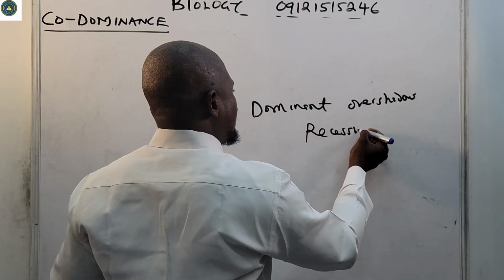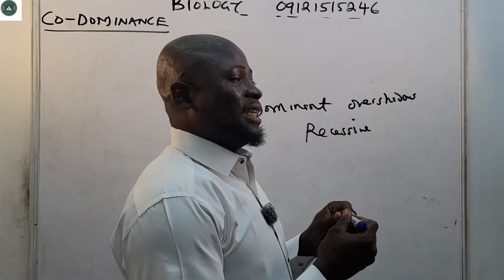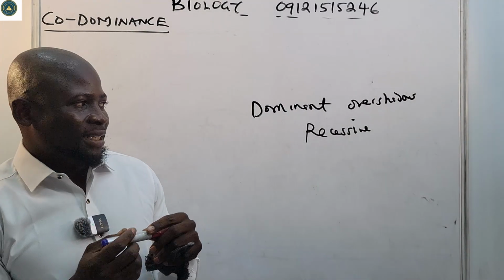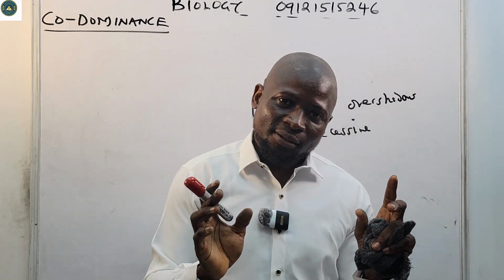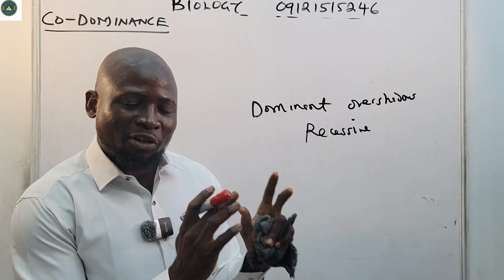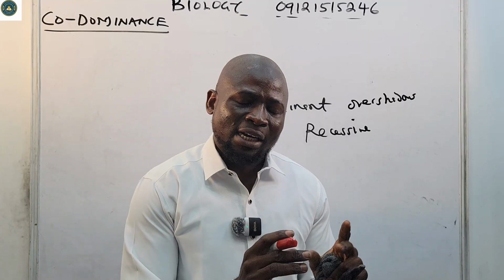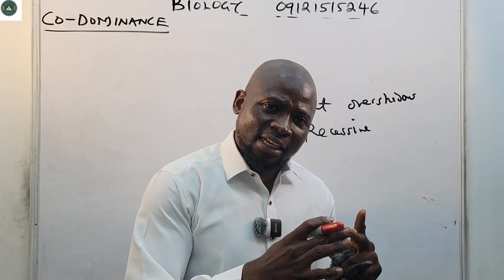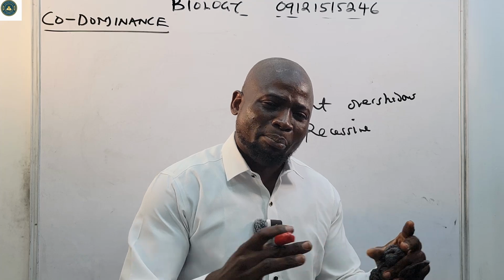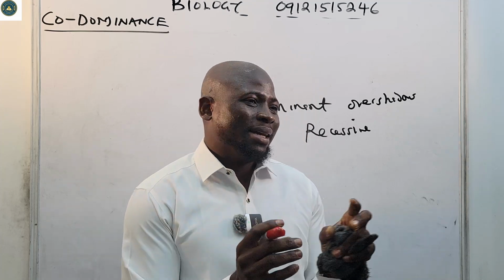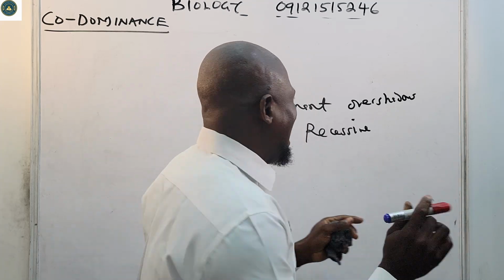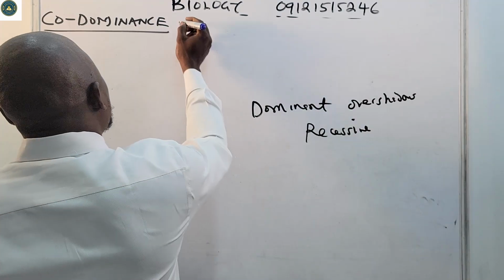This is what Mendelian genetics told us. Now, in incomplete dominance just now, we saw that the effects blend together. But in codominance, the alleles are equally strong.